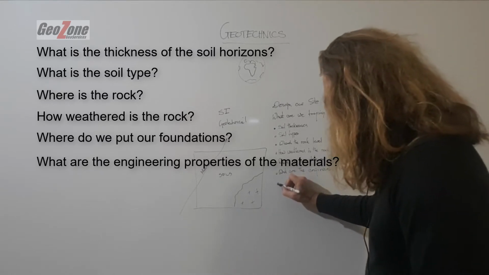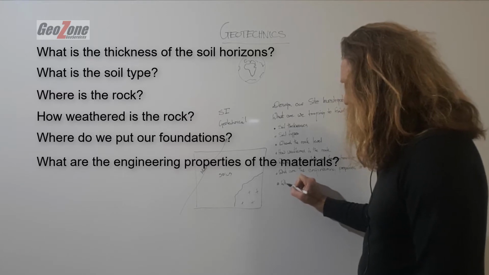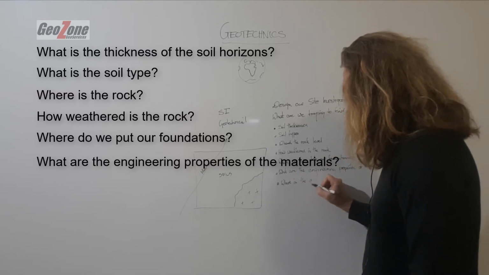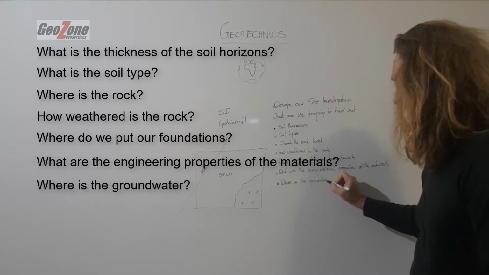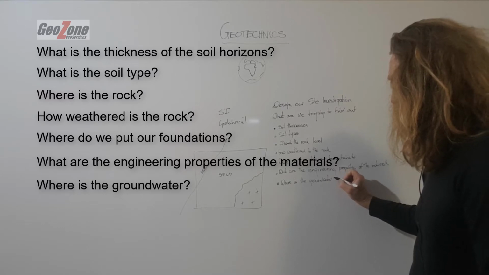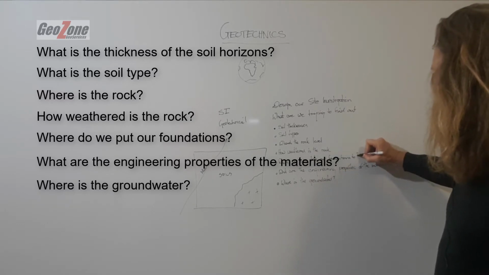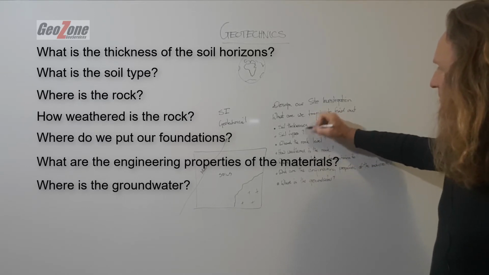And finally, the groundwater. Where is the groundwater? Very important and often gets neglected. So I guess we must do this. How weathered is the rock? Where's the rock level? Soil types and soil thicknesses.